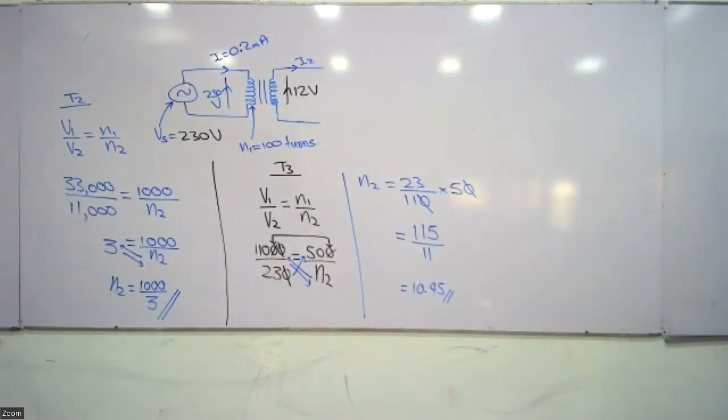The transformer in a power pack has 100 turns in its primary coil.